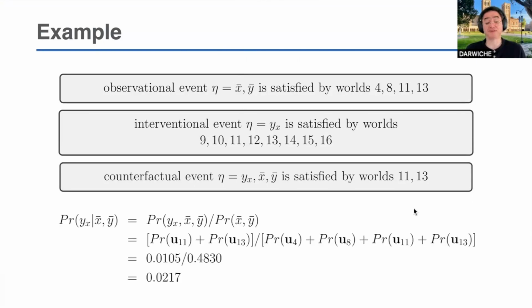And so now I can, for example, compute the probability of this. What is the probability that Y would be true if I set X to true, given that X is false and Y is false? That becomes straightforward, and I get this number. So you can use this to basically define the meaning of any counterfactual expression or event and compute its probability.